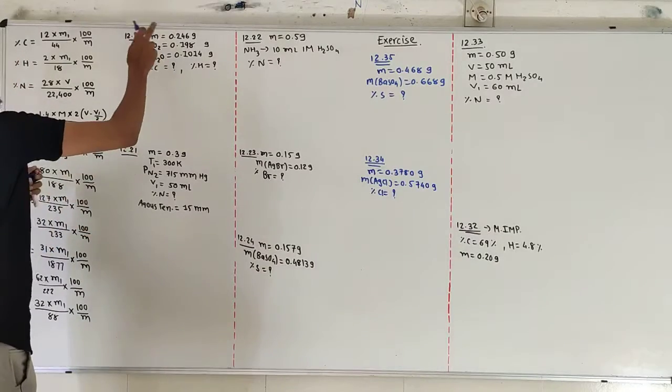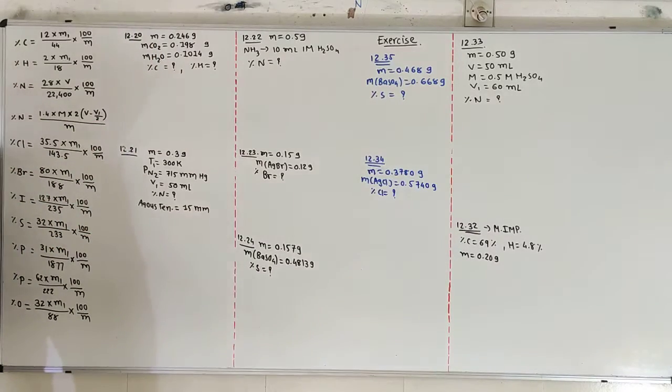Simply put the values into the percentage of carbon formula and the percentage of hydrogen formula.